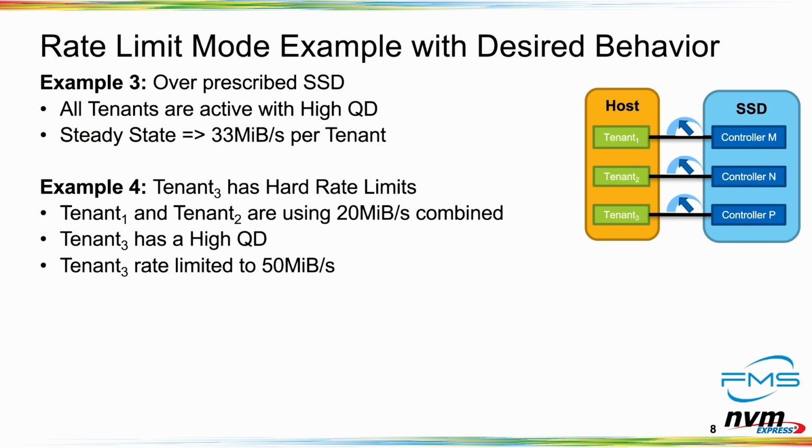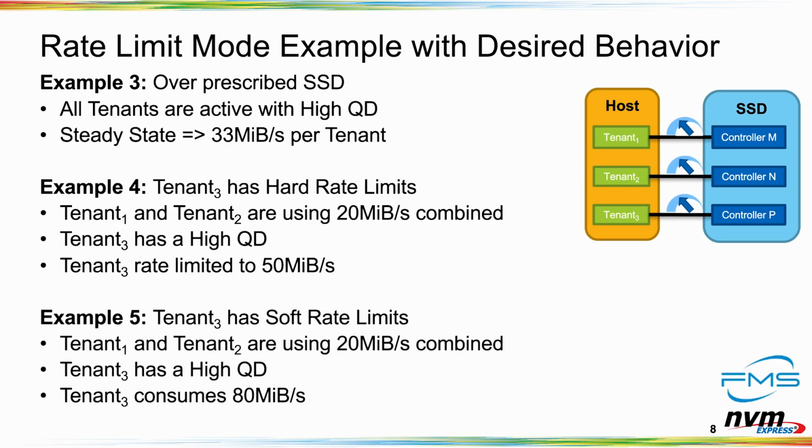So relatively low, but continuous requests for performance. Tenant 3 has a very high queue depth. It's effectively infinity, right? It's wanting more than the 50 megabytes per second allocated. And so with this example, there's available, and they would get capped at 50 megabytes per second.